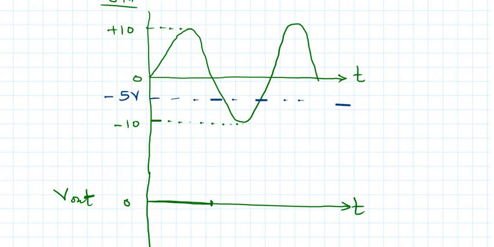So whenever it is reaching minus 5 voltage, what will happen? The output will be getting positive. So the output is like this, and it will be like this, and the peak voltage is plus 5 volt.